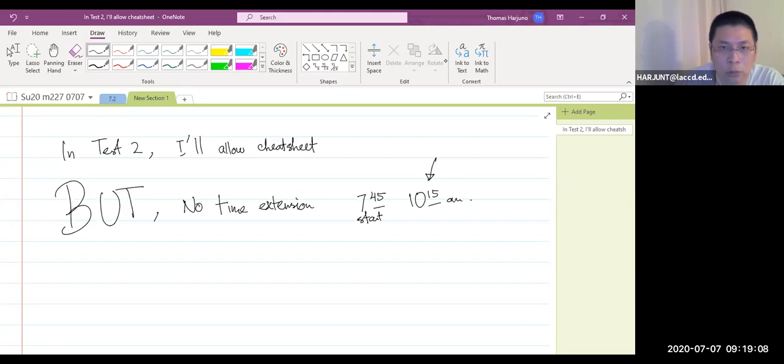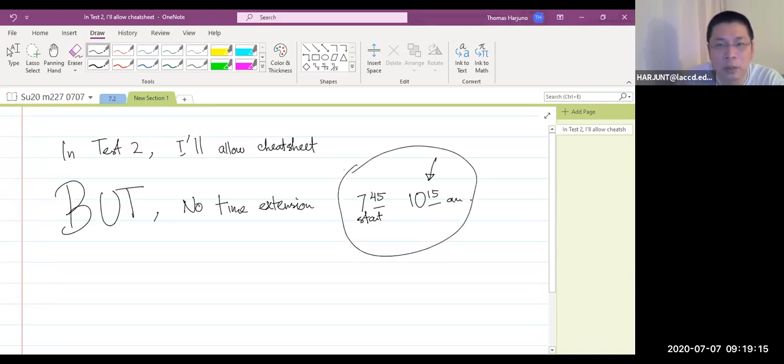No, I don't, because when I give you this interval, basically 2 hours plus 15 minutes, either to print it out or to write on paper, and to scan it, or to take the picture, convert to PDF, and upload it on campus, it's all already put in. So I do not want anybody to say, Thomas, I forgot this, I forgot that. No, no. That's enough.